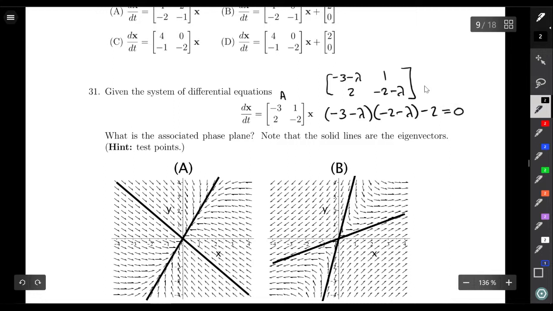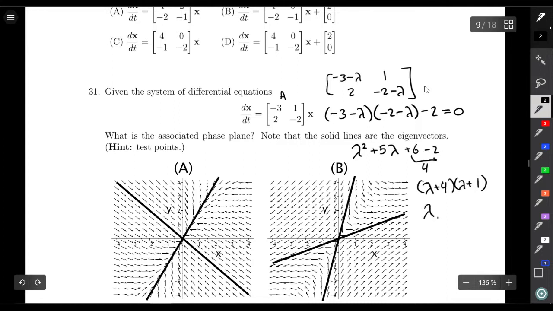This should equal lambda squared plus 5 lambda plus 6 minus 2. This should equal 4. You should be able to break this up into two parts, so (lambda plus 4) and (lambda plus 1).